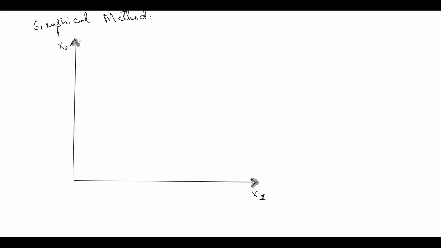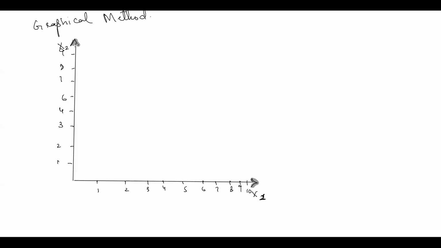And this is my graph. We have values going 1, 2, 3, 4, 5, 6, 7, 8, 9, 10, something like this. I'm just making a pretty rough graph, but we can get our solution pretty easily. The values of x1 are increasing this way, values of x2 are increasing this way, just like a typical graph.